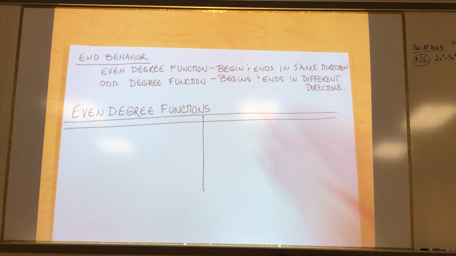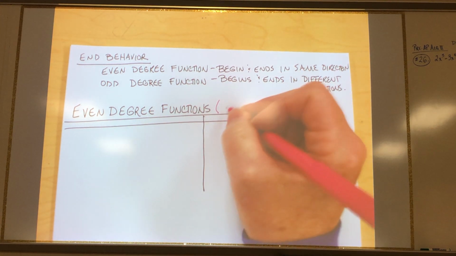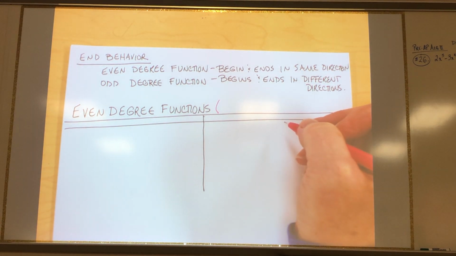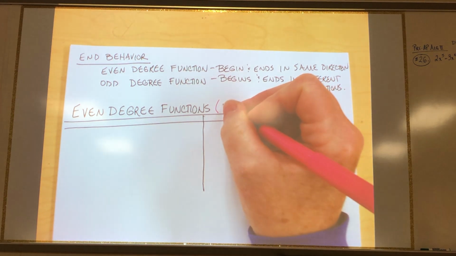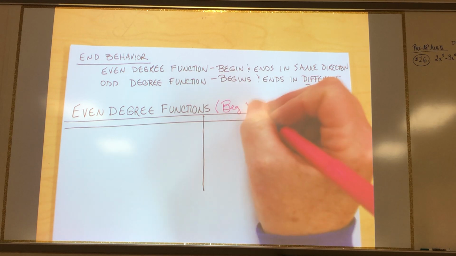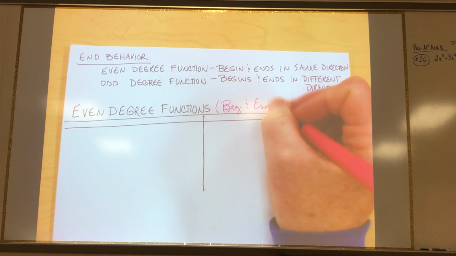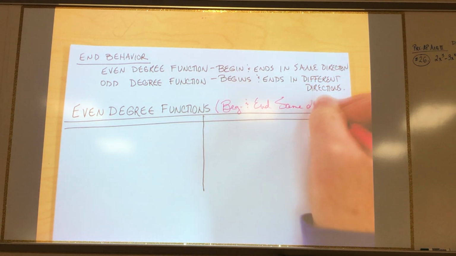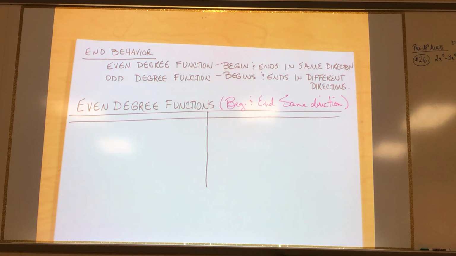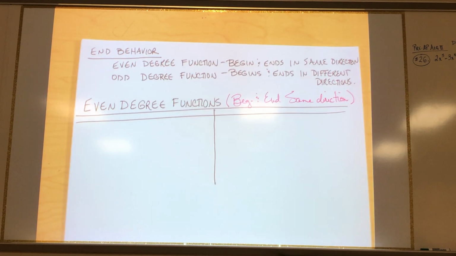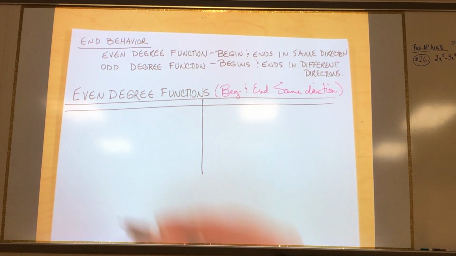So even degree functions, tell me what you know about them. Even numbers. And what do you know about the graphs? They begin and end in the same direction. Every time I write it and say it, I remember it better. Every time you do something as you say it out loud, that helps your memory. So if you don't have a good memory, you need to be working on that.